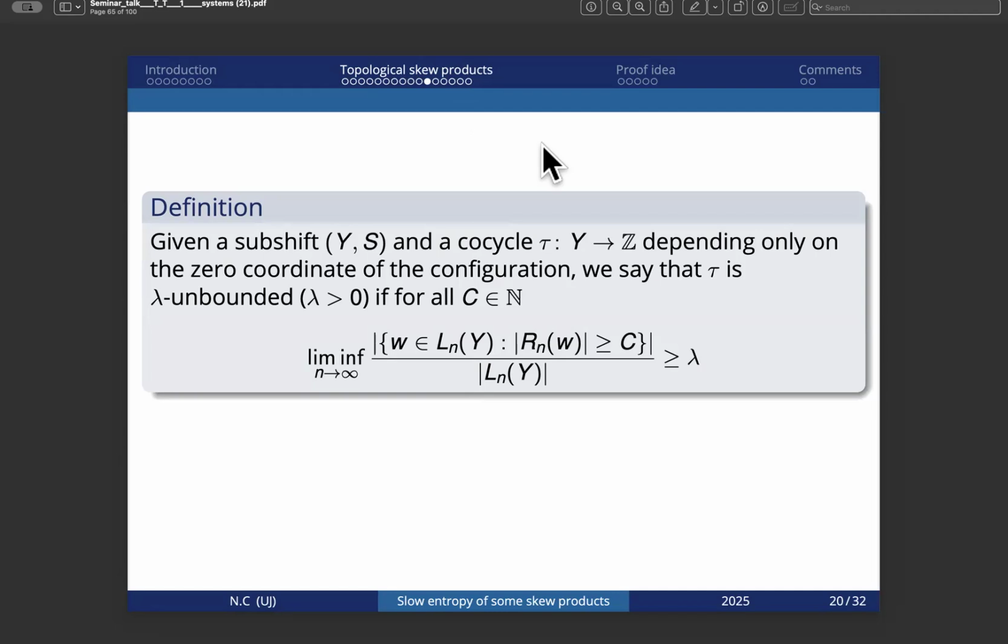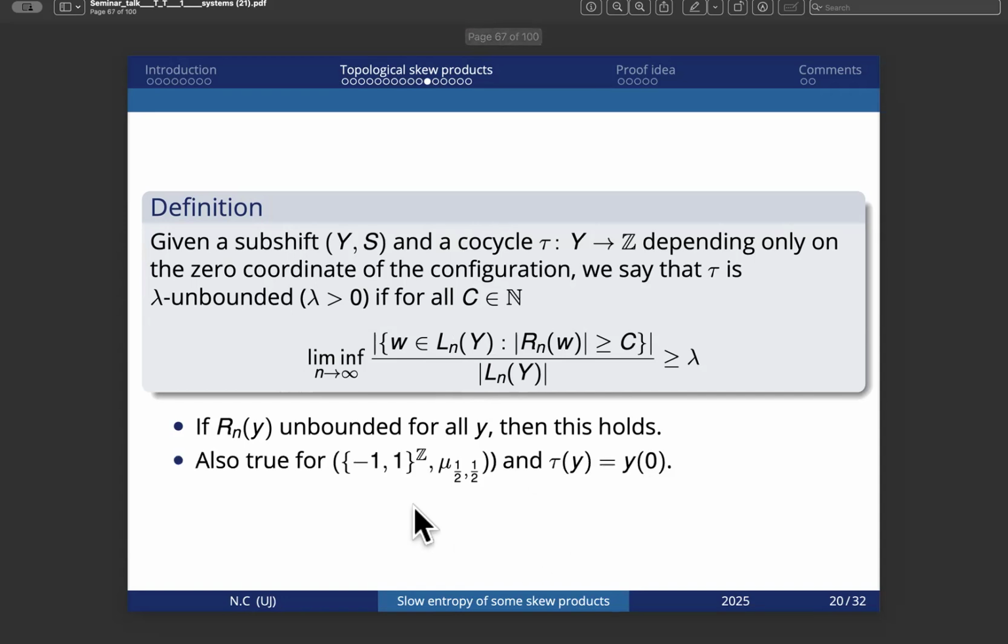What I know is that if the range is unbounded for all y's, then this holds. So if you are on a subshift such that the ergodic sums of your cocycle are unbounded for all points, then you're fine, or you're happy this happens. But it does not need to be true.